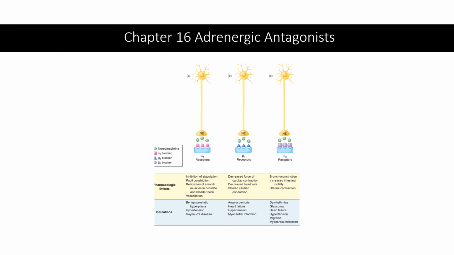Okay, why would we do that? Well, these drugs will slow down the heart and reduce contractility. So basically, they're going to reduce the workload that the heart is doing. It's not working as hard anymore. So that can help someone with angina. Angina is where you have some blockages in the arteries that feed the heart, and they're fixed blockages.